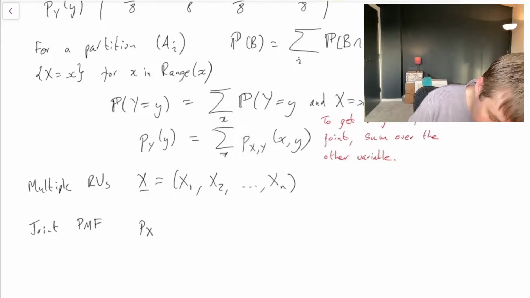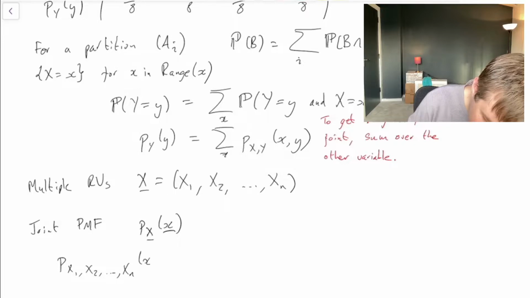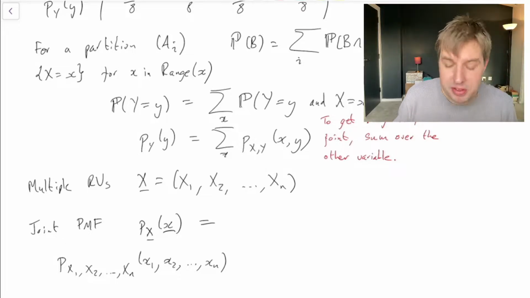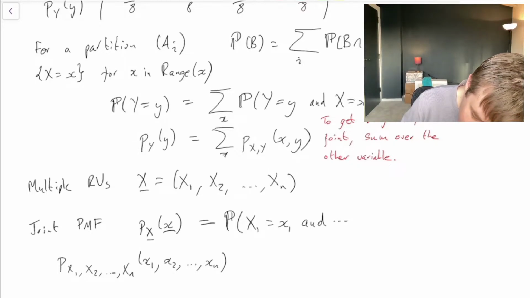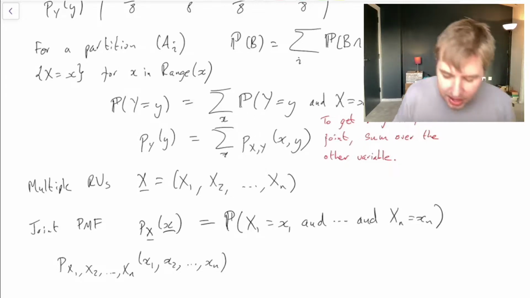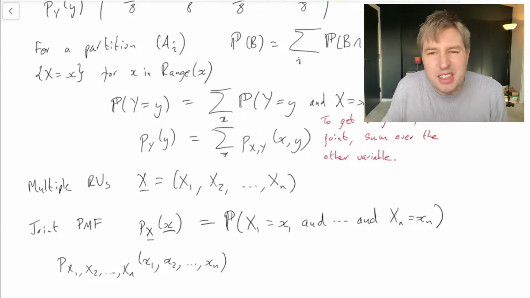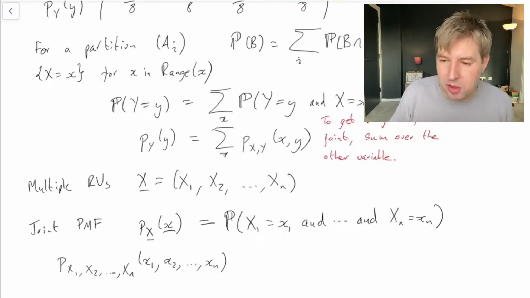It's p_X of x, or if you prefer, p_{X1,X2,...,Xn} of x1, x2, ... xn, which is just equal to the probability that all the X's take those values: X1 equals x1, and X2 equals x2, and X3 equals x3, and Xn equals xn. So that's just the same thing, but with n variables instead of 2.